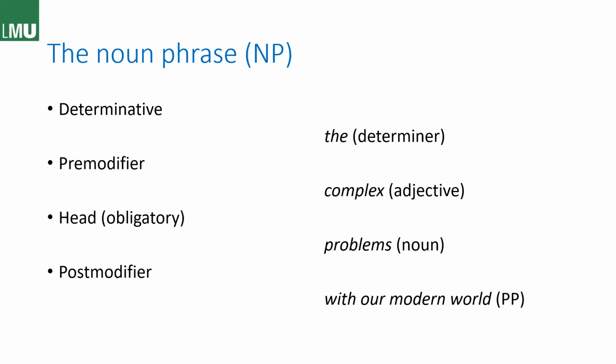We get to that later. And post modifiers can be kind of tricky sometimes because you have prepositional phrases all on their own, for example, as adverbials in your sentence, or the post modifier can also be an entire clause.